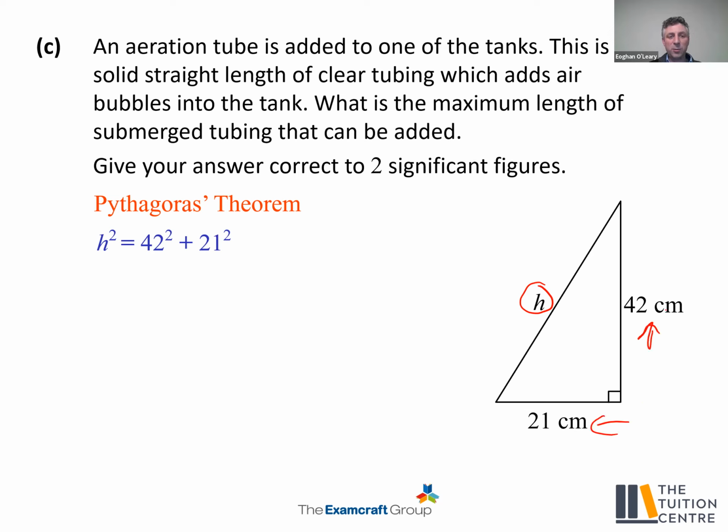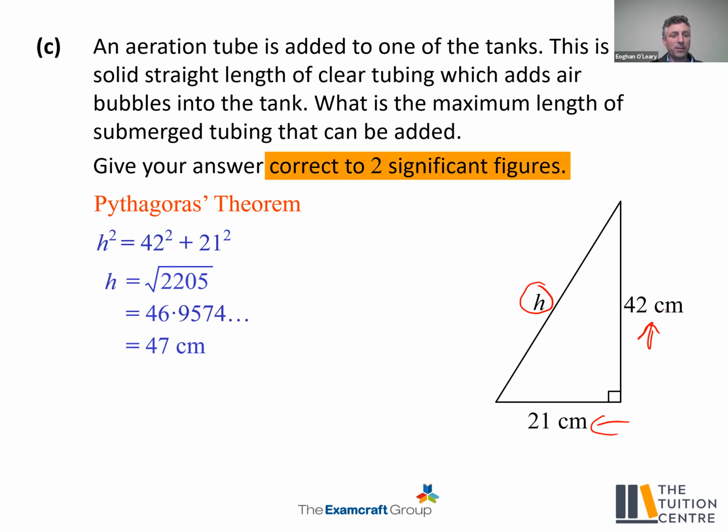So h squared is 42 squared plus 21 squared. h squared is 2,205. h is equal to the square root of that. We want our answer correct to two significant figures, and that is going to be 47 centimeters. And that was 5 marks.